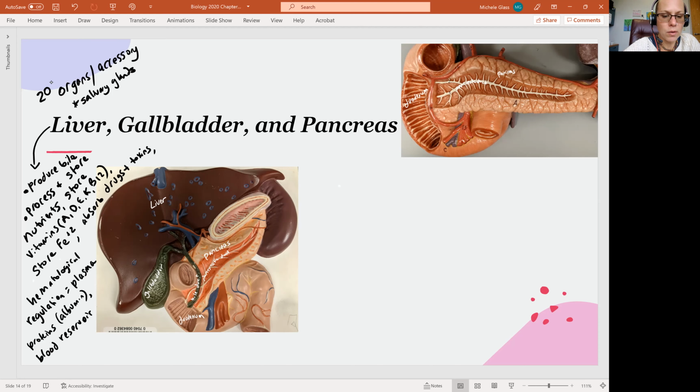And let me say one other little piece about the liver. The liver is involved in breaking down proteins. And as a result of that, we get ammonia, which is very toxic.